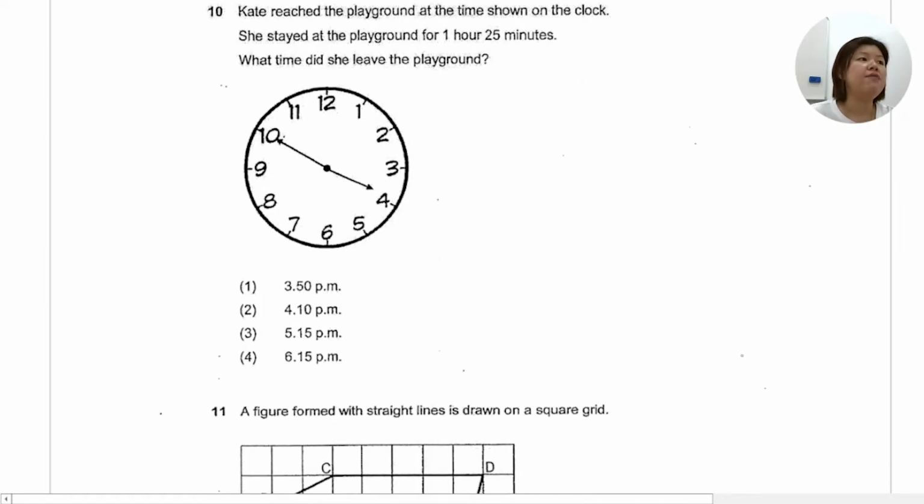Number 10, Kate reached the playground at the time shown on the clock. The time shown is 3:50 p.m. She stayed at the playground for 1 hour and 25 minutes. What time did she leave? So we can draw a timeline.